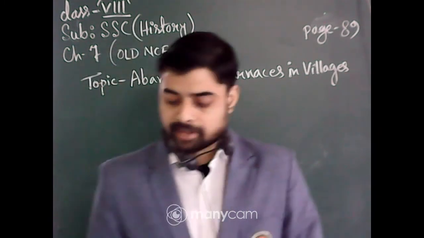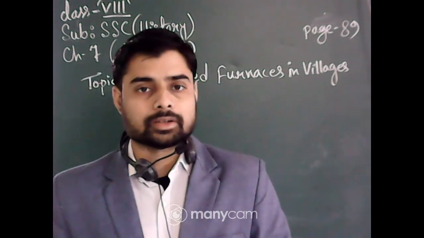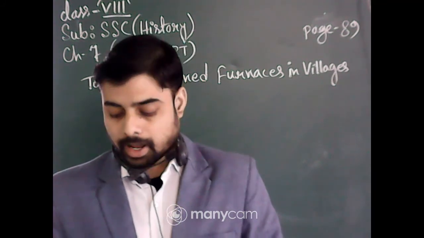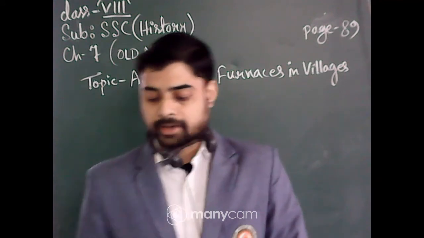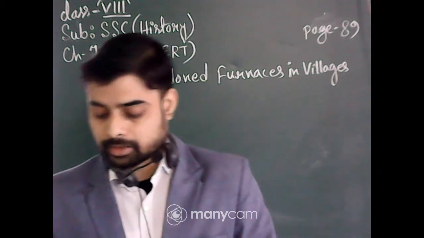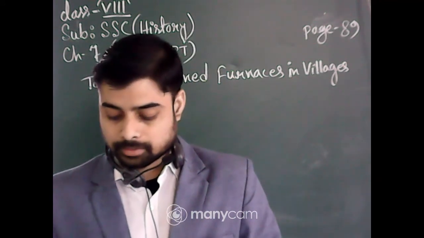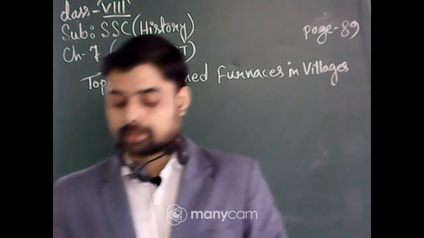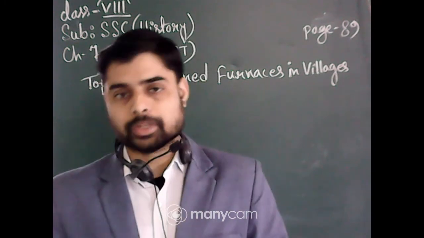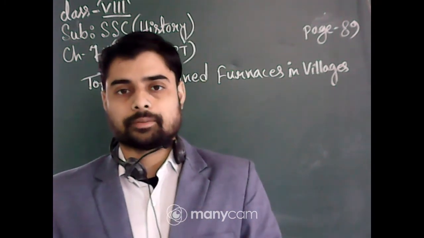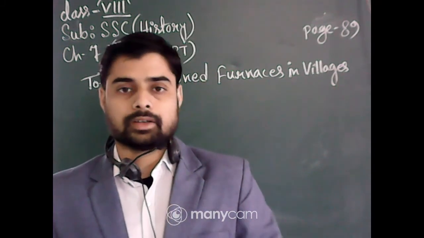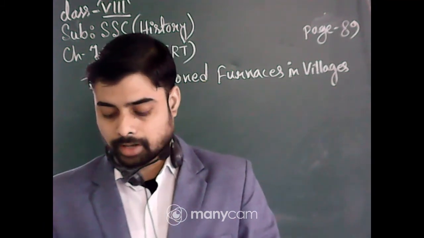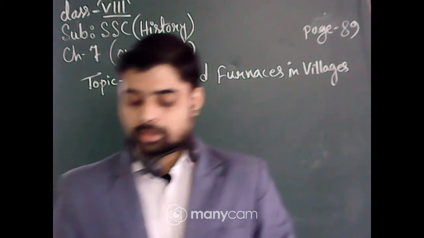Number 4, by the 19th century, iron and steel were being imported from Britain, and the ironsmiths of India started using British-made steel and iron for making utensils and other agricultural equipment.